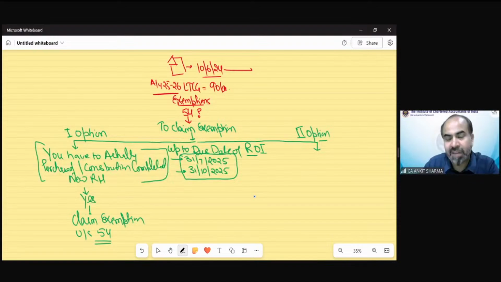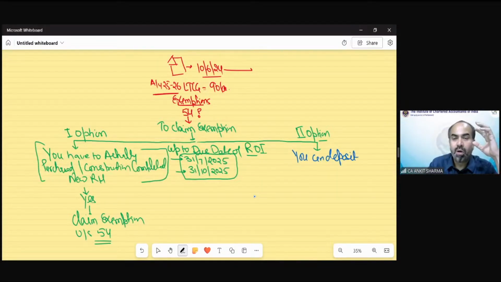Now this is very, very simple. You can deposit. Like you have estimated that you are going to purchase a property for 60 lakh, 70 lakh, 80 lakh, or you are going to invest for construction purposes 90 lakh, 100 lakh, whatever. That amount you can deposit in the Capital Gain Account Scheme, CGAS, in a bank.